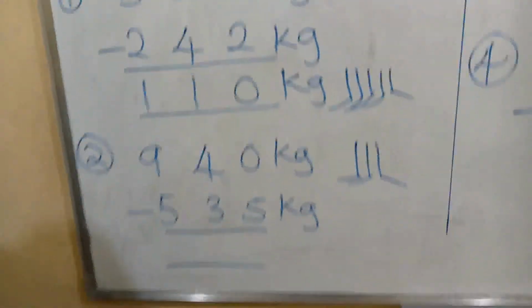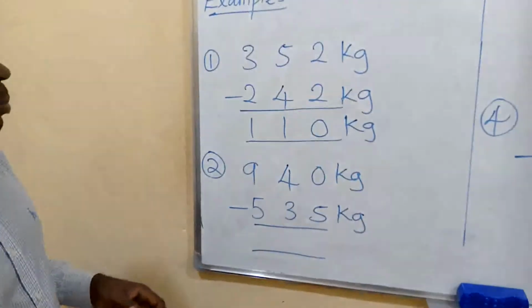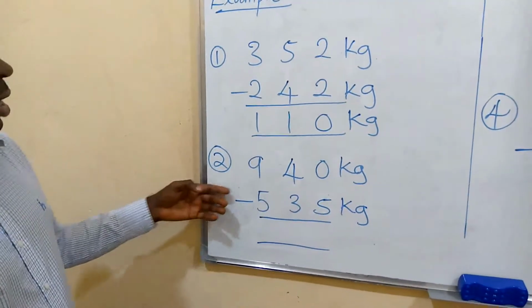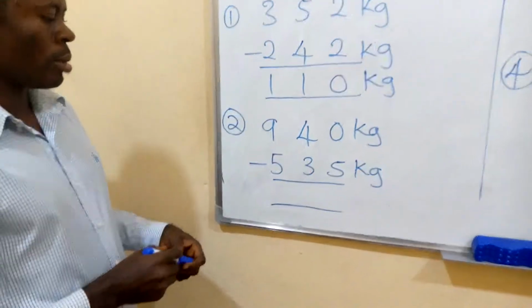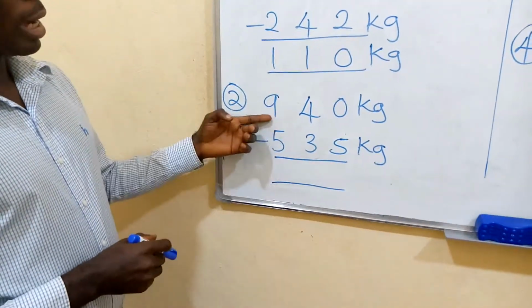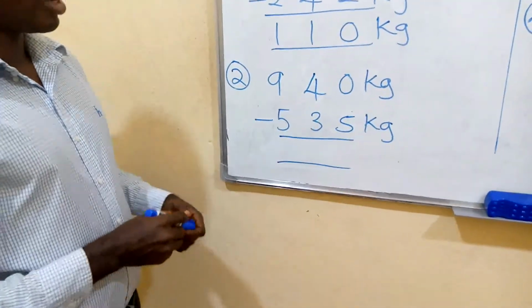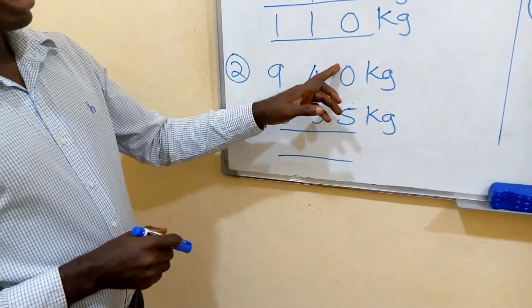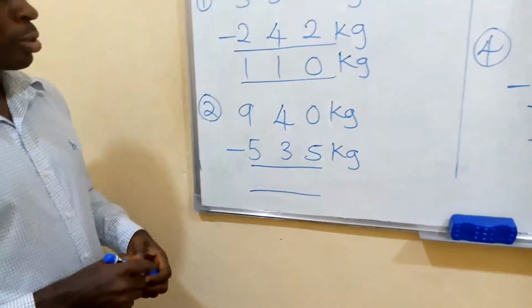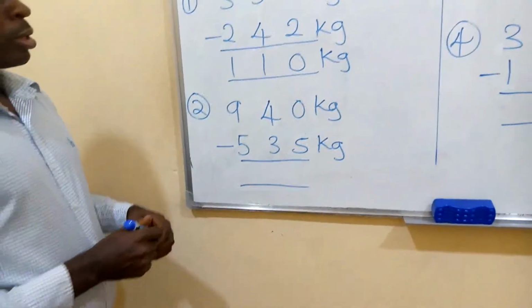Alright. Next, we are going to look at example 2. We have 940 kilograms minus 535 kilograms. Starting with our unit column, we have 0 minus 5. 0 take away 5.